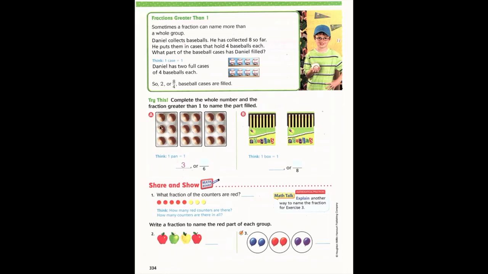Okay, how many muffins or brownies, whatever, is in 1 pan? We have 6. How many is in all of them? 18. So remember, when we're working with the denominator, we're just working with the total in 1, the whole of 1.